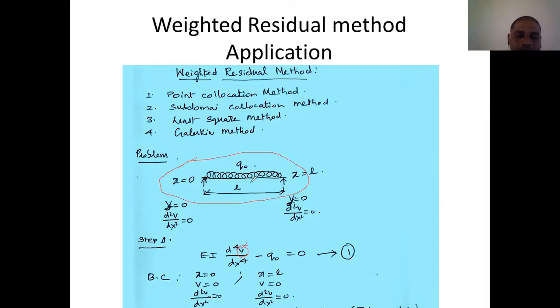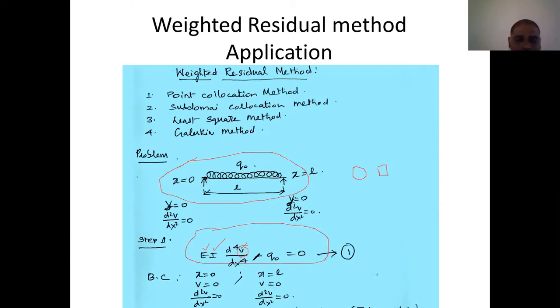So V is the deflection and x is the location. E is Young's modulus, and I is the moment of inertia of the beam of any cross section, which can be circular or square, whatever it may be. EI indicates the stiffness of this beam, and q0 indicates the uniformly distributed load over the entire span. So this is the governing equation for this problem.